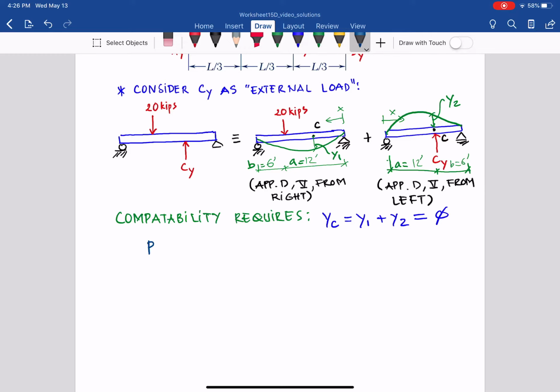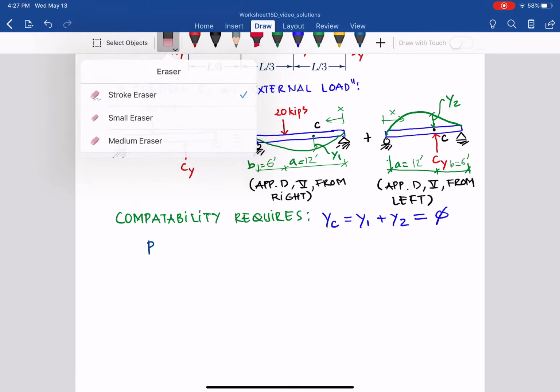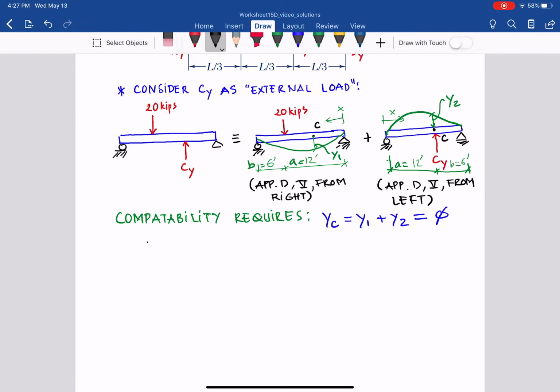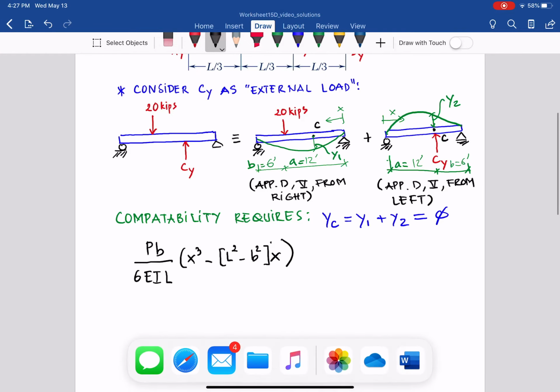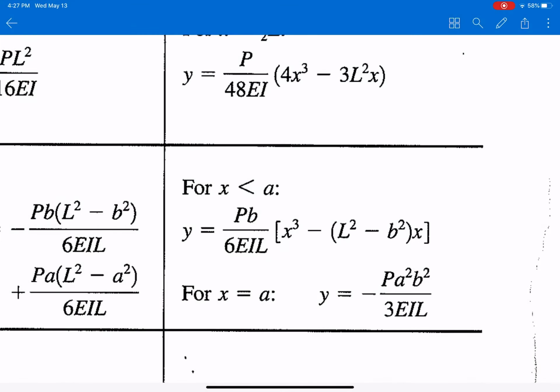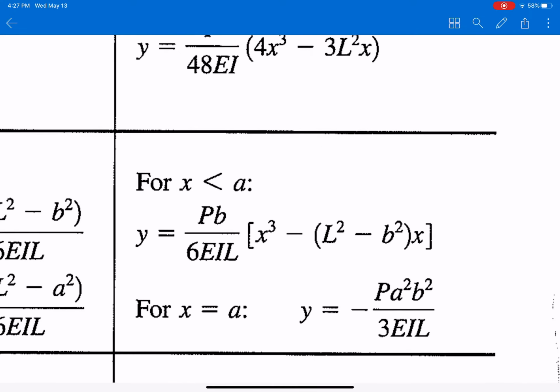Y1 is PB over 6EIL times (X cubed minus L squared B squared X), and that is the equation for X greater than A, I just write down here.